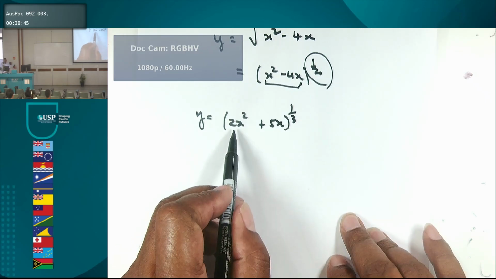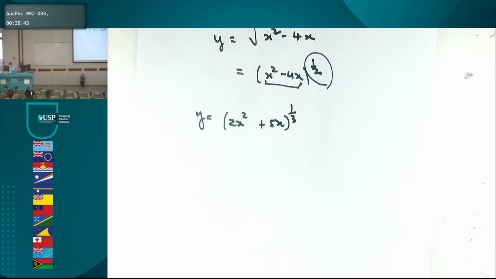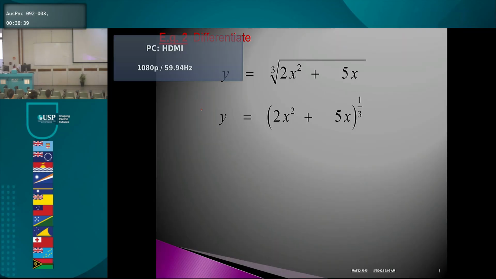y equals 2x, what was it? x squared or x cubed? x squared, okay.